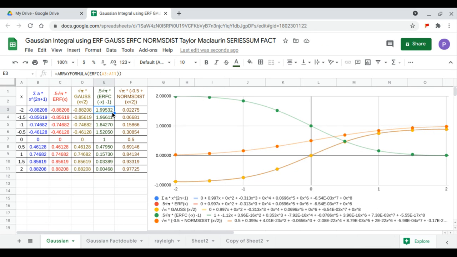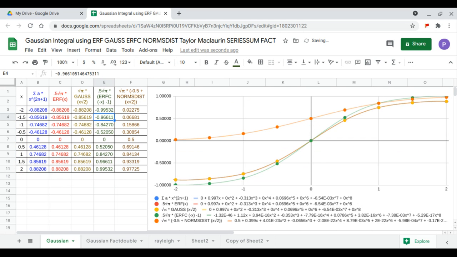Next, the complementary error function. Here we have minus 1. So start with the negative x. So the green has changed. Then factor in minus 1. So minus 1 plus error function. Now they're together. And finally, multiply by 0.5 square root of pi.